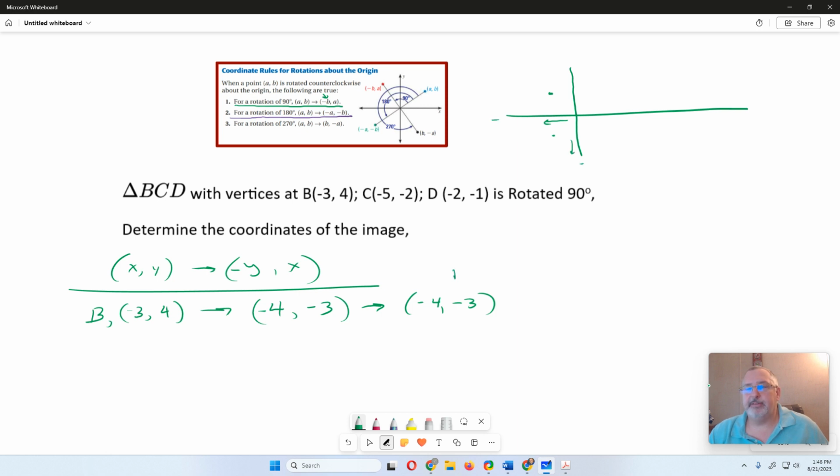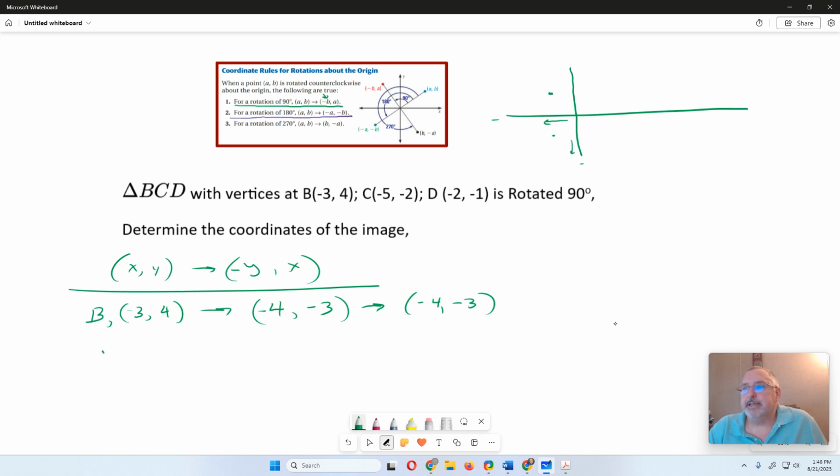That's why we have negatives for both. When I used to teach this rule in the classroom, I would say we take the sign of the quadrant, and that handles all of this, but this rule works just fine. So let's look at the next one.